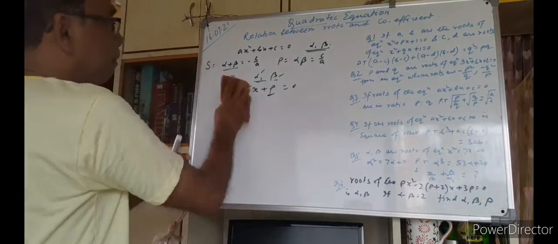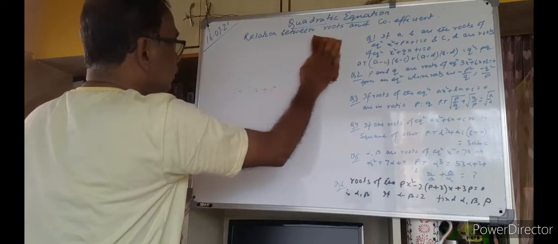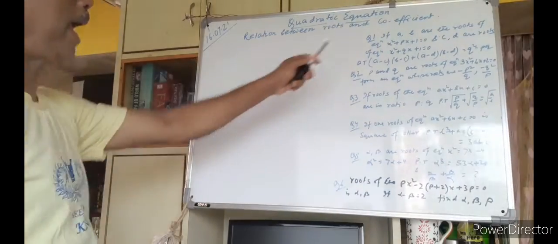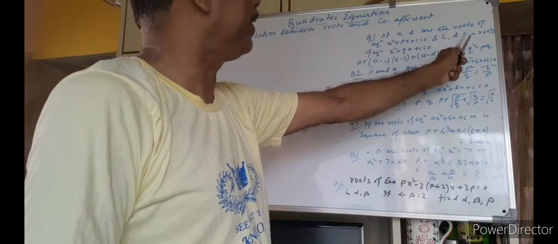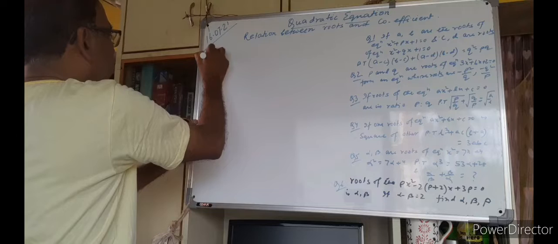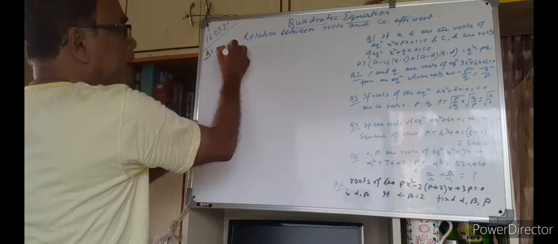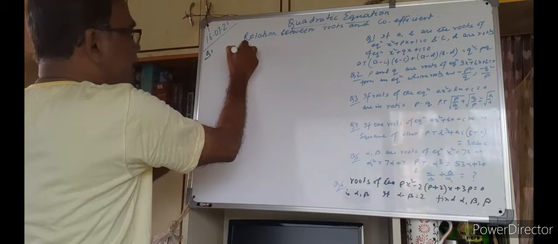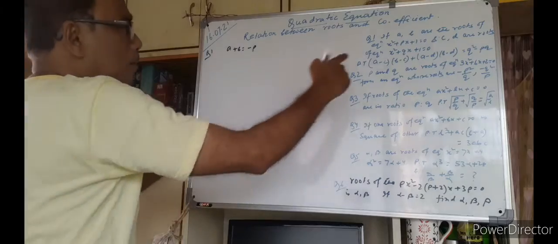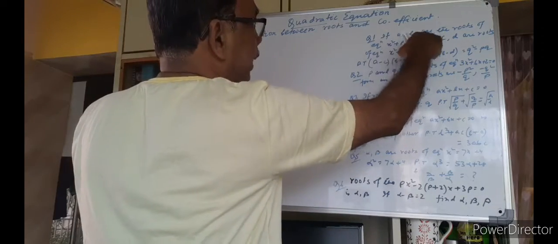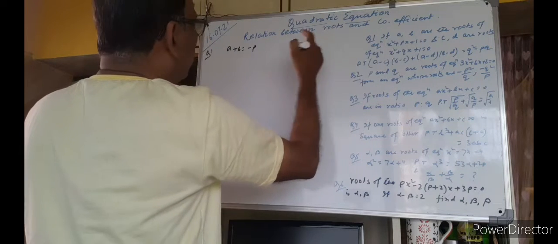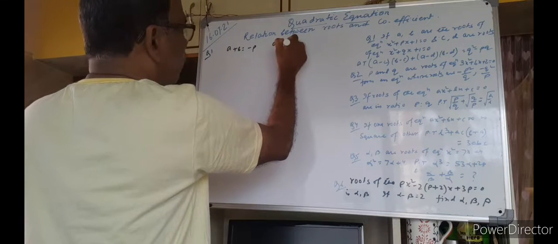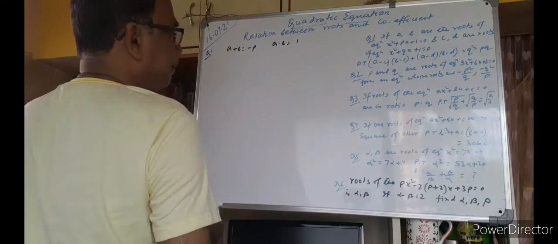Now let's do sum number 1. If a and b are the roots of this equation, and c and d are the roots of the other equation, here two equations are given. The sum of a and b is minus p, and the product ab is 1.